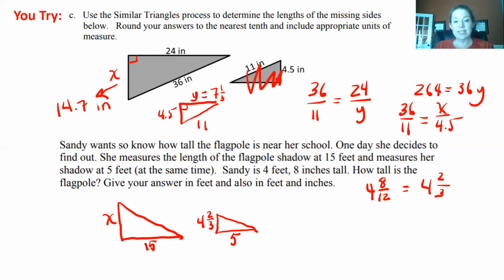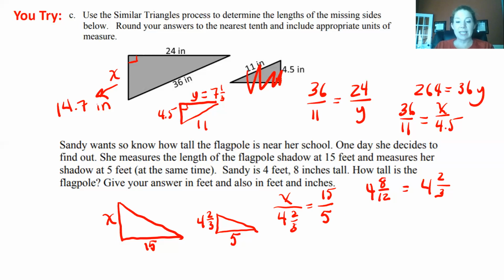So we don't want to turn this into a non-terminating decimal because you never want to multiply by a non-terminating decimal. So let's go ahead and use our mixed number. So we're going to say that X corresponds to 4 2/3. And then we could say that 15 corresponds with 5.